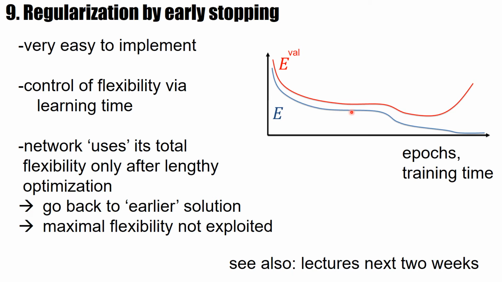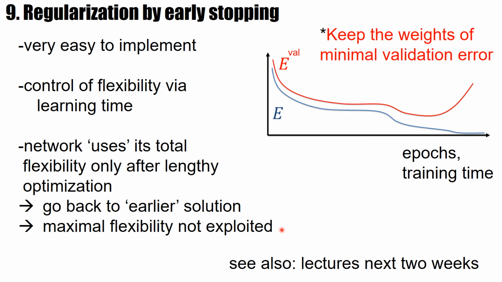So if we use weight configurations that arise quite early, the network has not yet exploited its maximal flexibility. So in the end, we'll keep the weights of the minimal validation error.